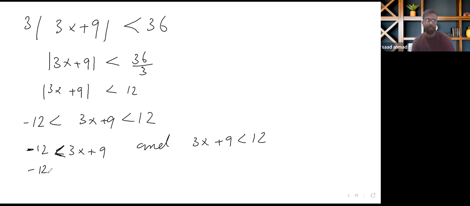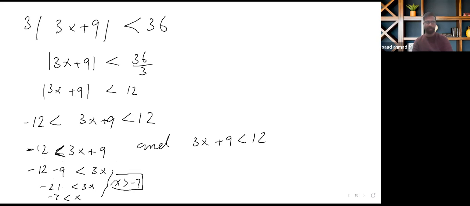So -12, we can subtract 9. So we get -21, and then -7 is less than x, or similarly I can write it as x is greater than -7.